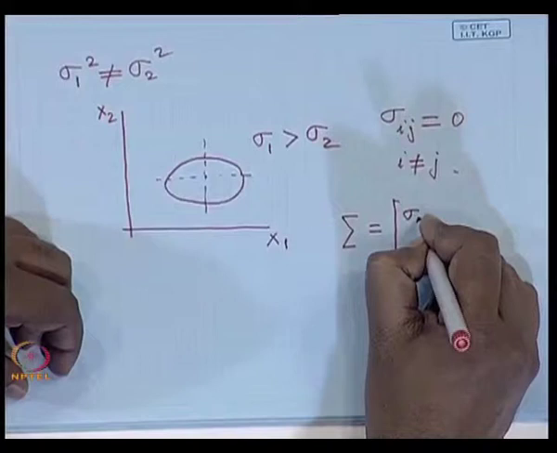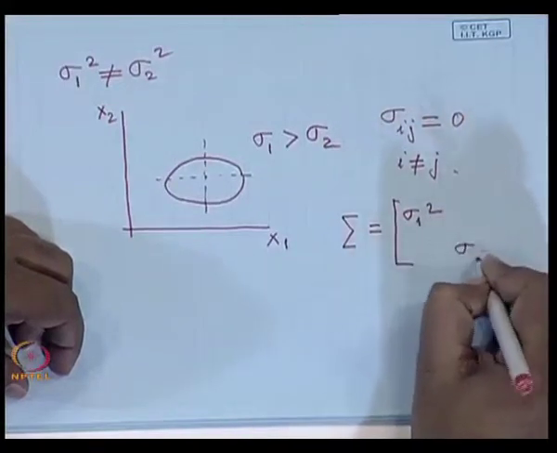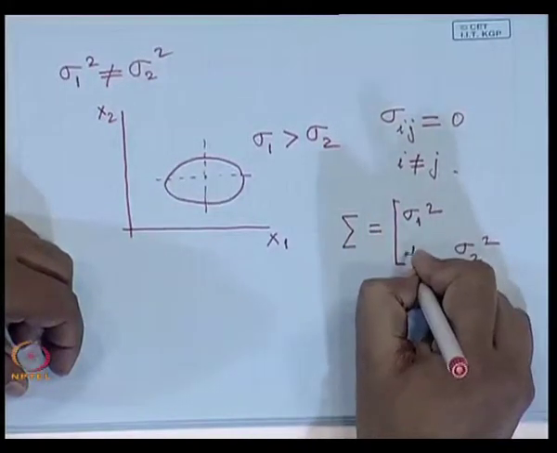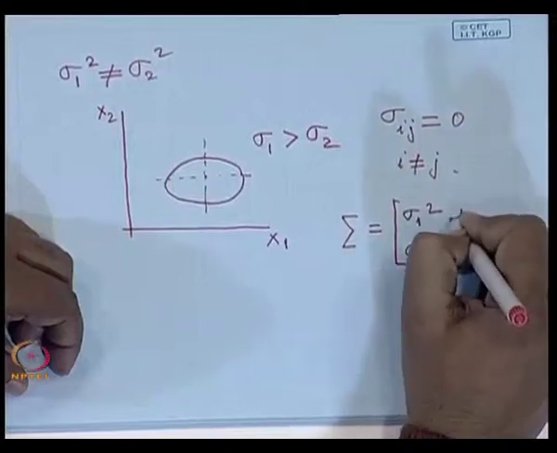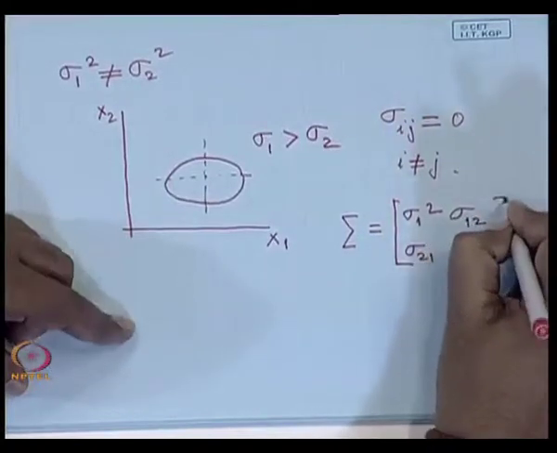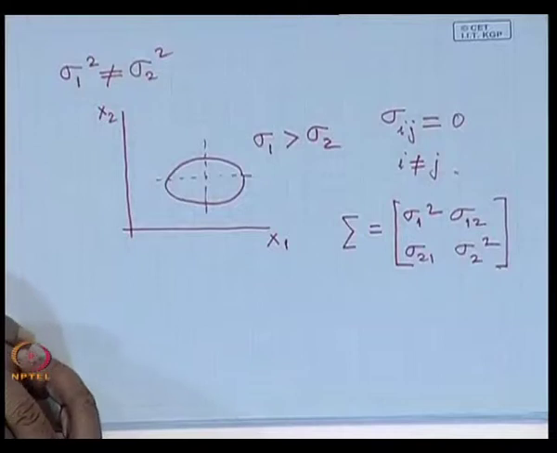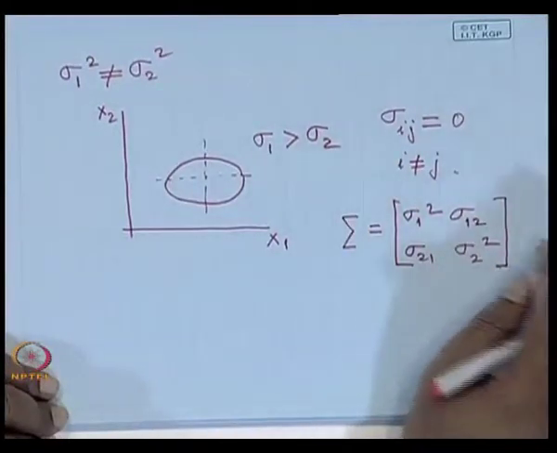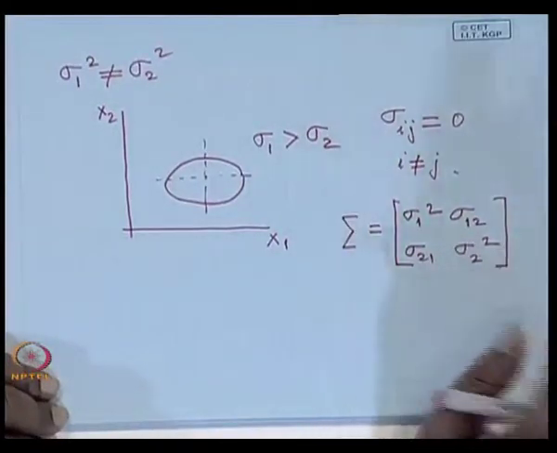If the components are not statistically independent, then even the off diagonal elements will be non-zero. So I will have a situation with sigma 1 square, sigma 2 square, and here I will have sigma 2 1, and here sigma 1 2, where sigma 1 2 and sigma 2 1 are non-zero values.